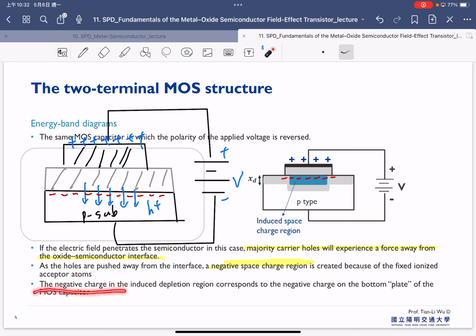The negative charge in the induced depletion region corresponds to the negative charge on the bottom plate. So this will become the bottom plate of the MOS capacitor.